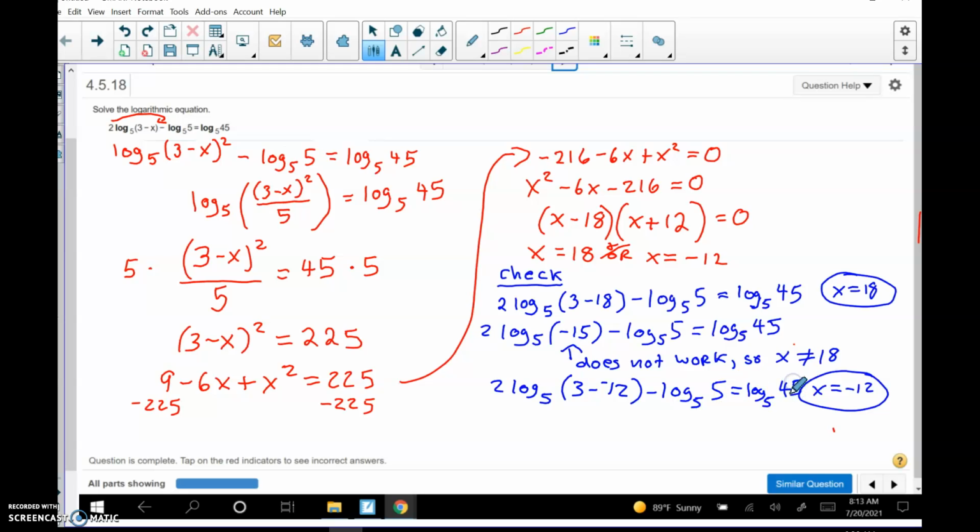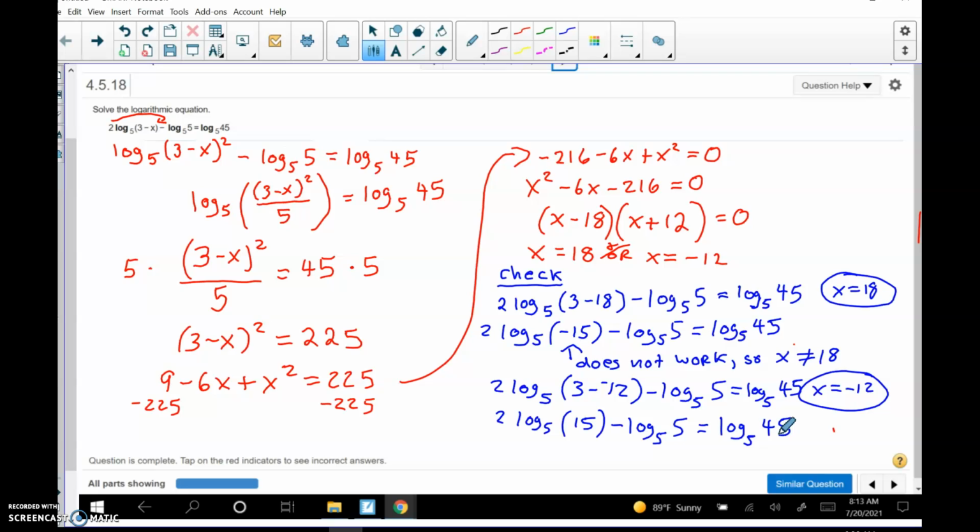So it's going to be turning into a plus, so that's okay. We're going to get 2 log 5 of 15 minus log 5 of 5 equals log 5 of 45. Okay, so I don't see any domain issues.